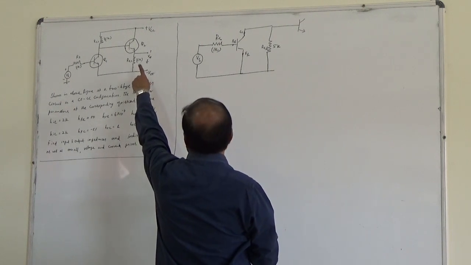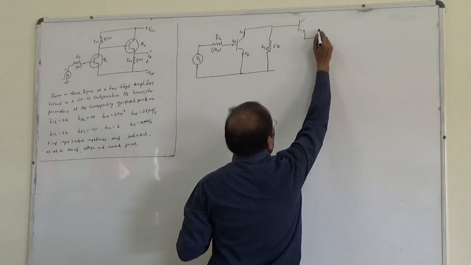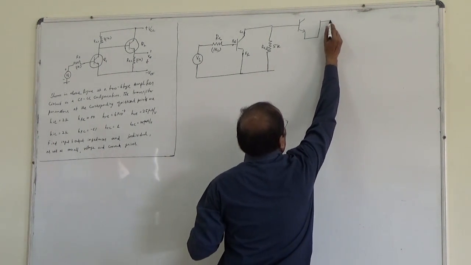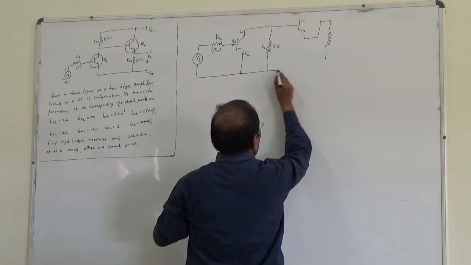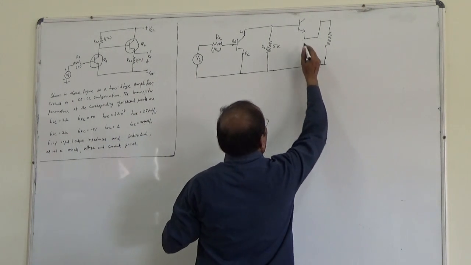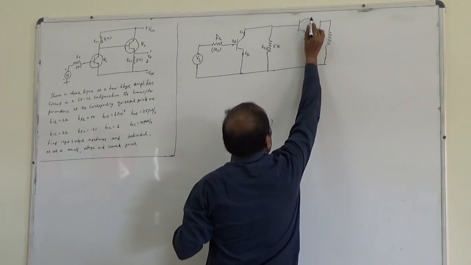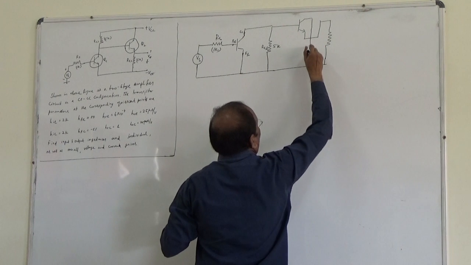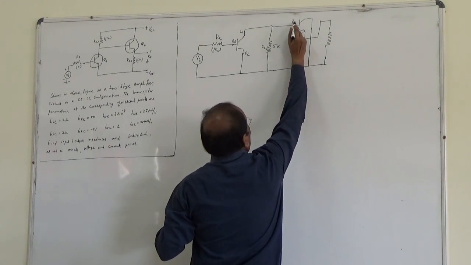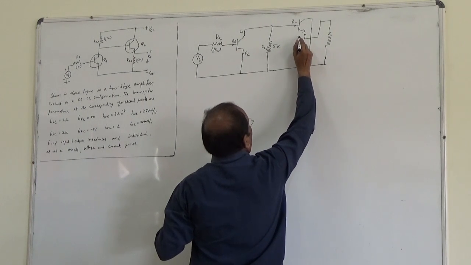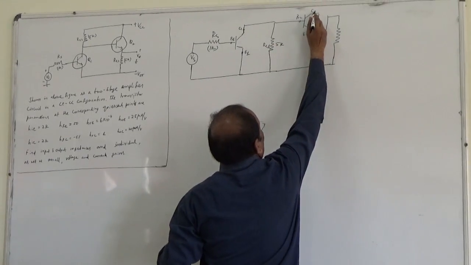The second stage emitter is connected to RE, which is also coming to the ground, and this collector is coming to the ground. So this is B2, E2, and this is C2.